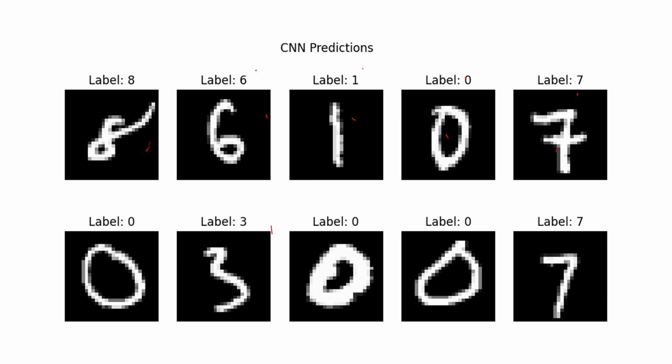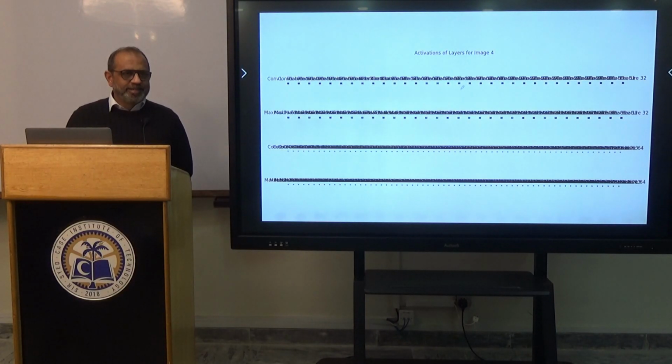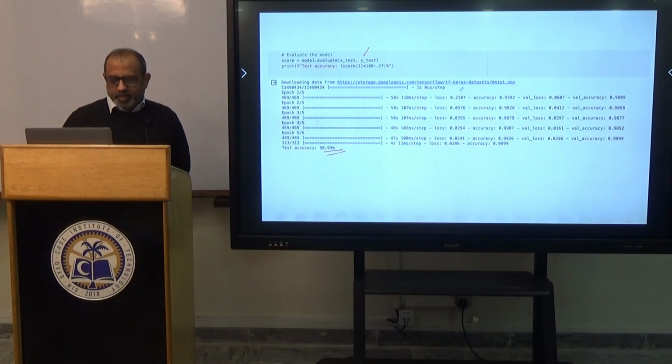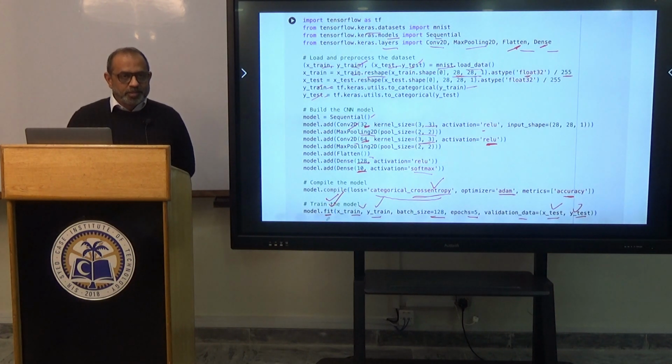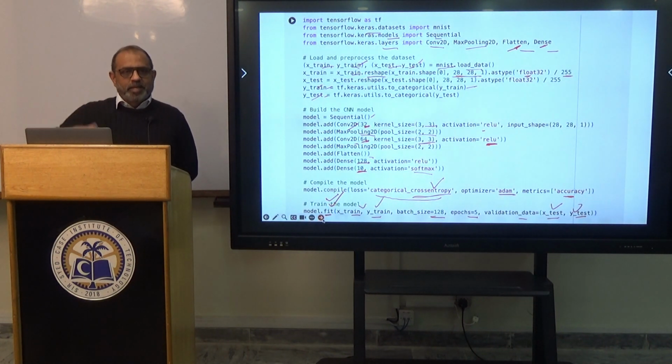This is done almost 100% on the samples it took, and these are some of the layers. No, it trained everything; we built the whole network. We did the training of this network, and in training we use categorical cross entropy and we have fed in the test data and training data. The good thing is that TensorFlow is just amazing and gives you the power: just call this function, it will go and train it, and it'll come back saying that it has trained and give you the accuracy, how accurate the training is.